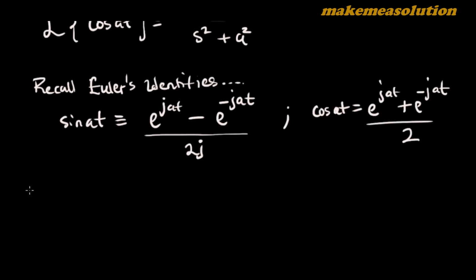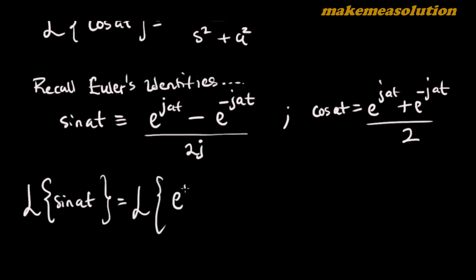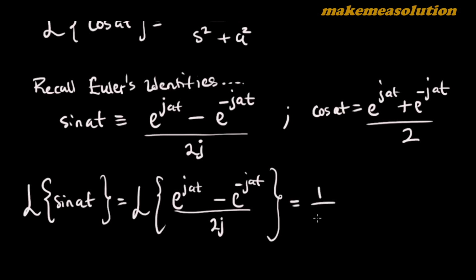So if you want to take the Laplace transform of sine at, for instance, that corresponds to the Laplace transform of exponential j at minus exponential minus j at over 2j. Since j is our imaginary number and a constant, and this 2j is also a constant, we can remove it from the brackets just like we normally remove constants of integration.